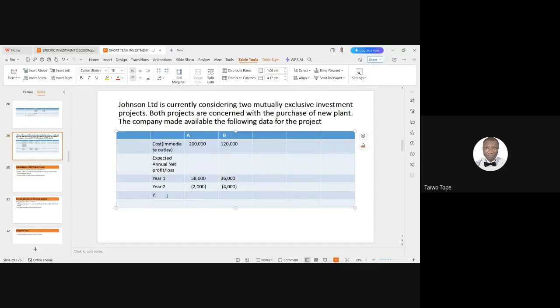Year three, profit of 4,000 and profit of 6,000. Expected residual value: 14,000 and 12,000.